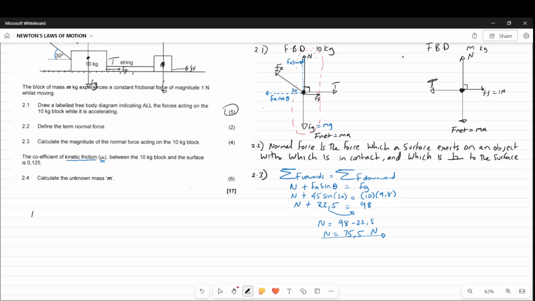So now we're going to say F net is equal to ma. Which forces are we going to take? You are going to consider horizontal forces.